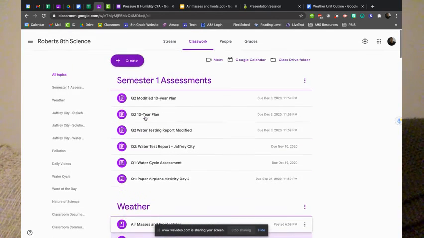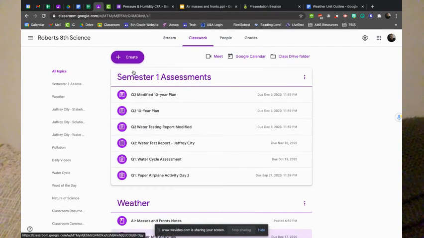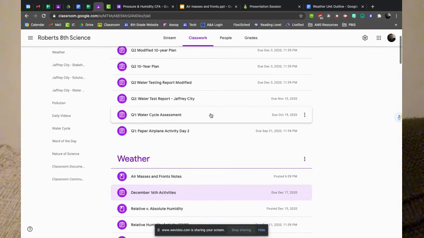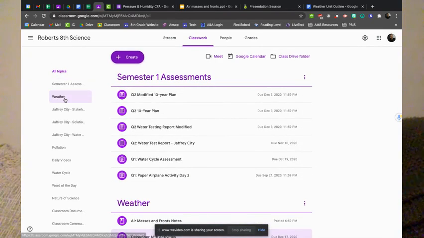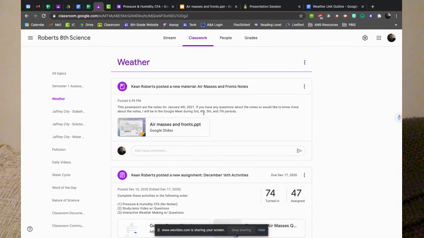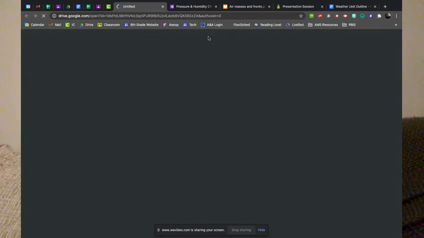Obviously, this is what will show up at the front, the semester one assessments. If you scroll down just a little bit, or on the left side, if you click on weather, it'll jump you right to it. This is the most recent one that was posted, and we're doing the air masses and fronts notes. So when you click on them, it'll pull up something like this.